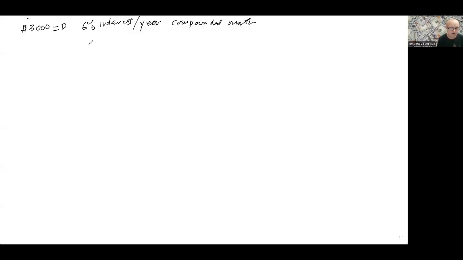So we're going to use our formula: A is equal to P, which is our principal, times 1 plus the rate over the number of times compounded in a year, to the power of the number of times compounded in a year times the time we have the CD. So we have our principal, as mentioned here, P is equal to $3,000.